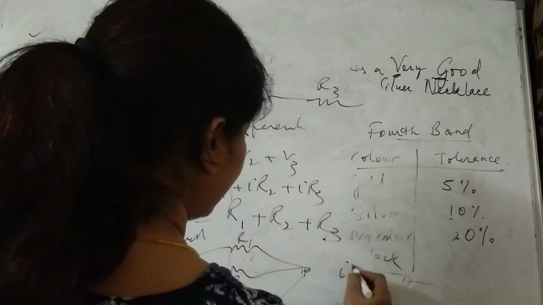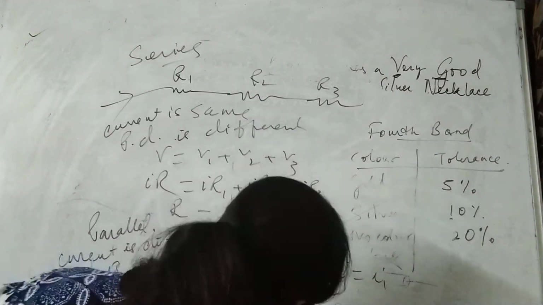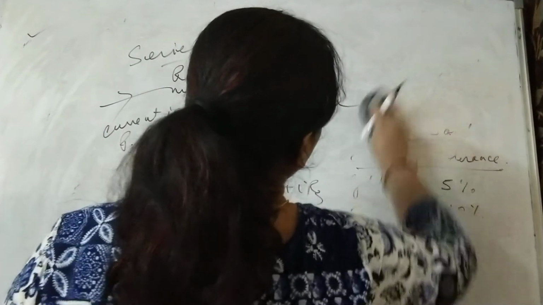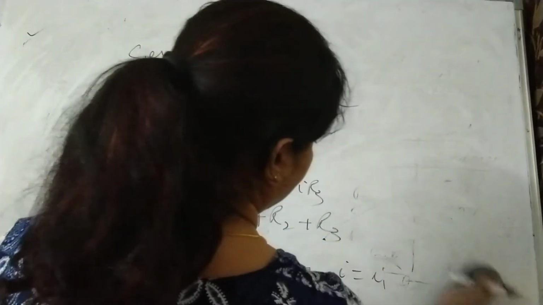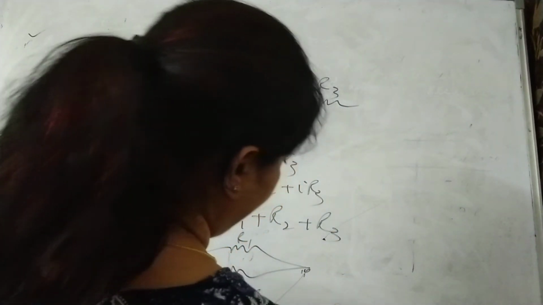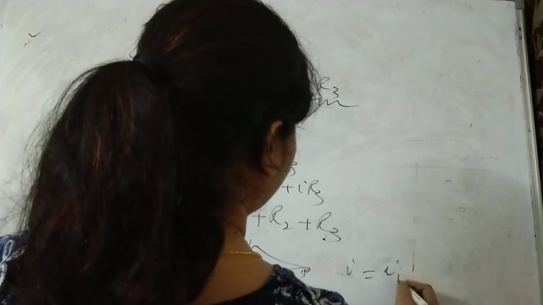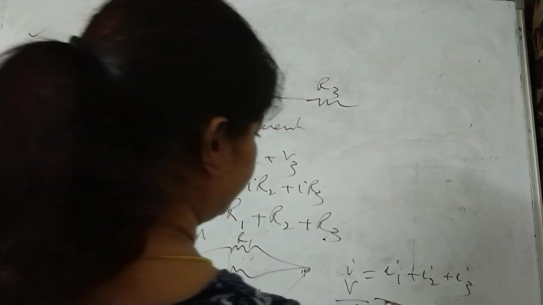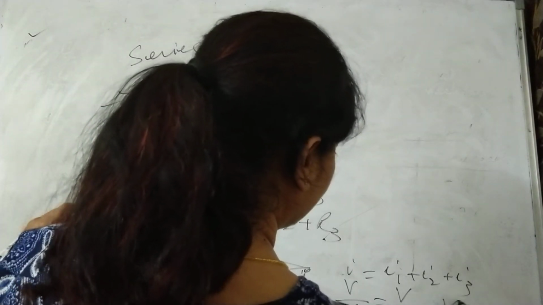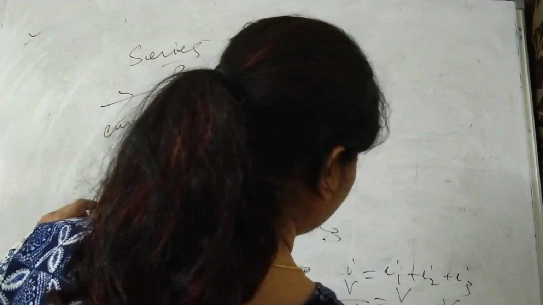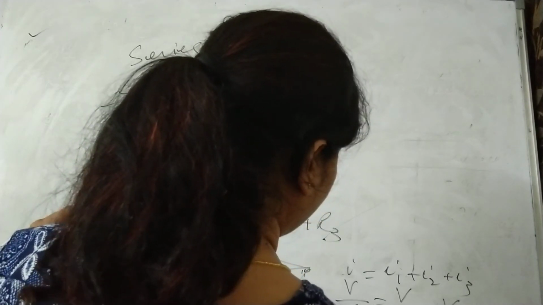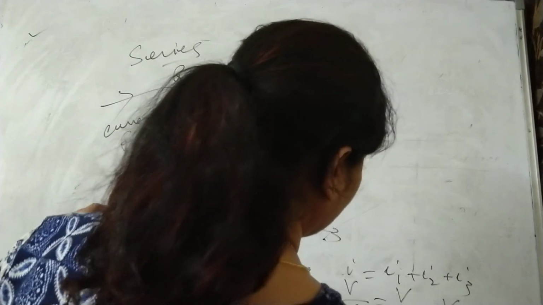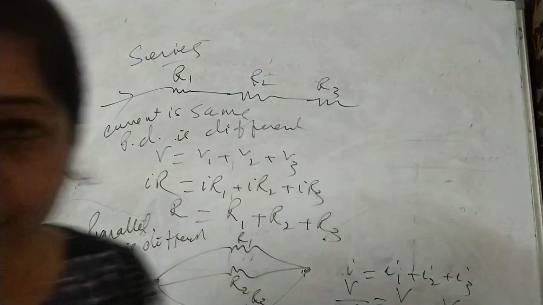So you will write I equals I1 plus I2 plus I3. So this becomes V by R, potential difference is the same, V by R1 plus V by R2 plus V by R3. So you get 1 by R equals 1 by R1 plus 1 by R2 plus 1 by R3. Okay, so this is how you combine resistors.